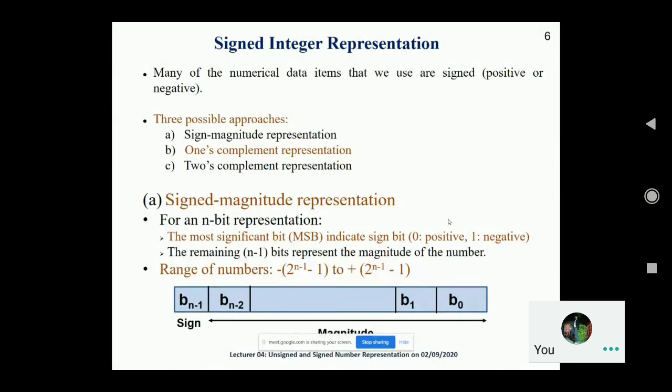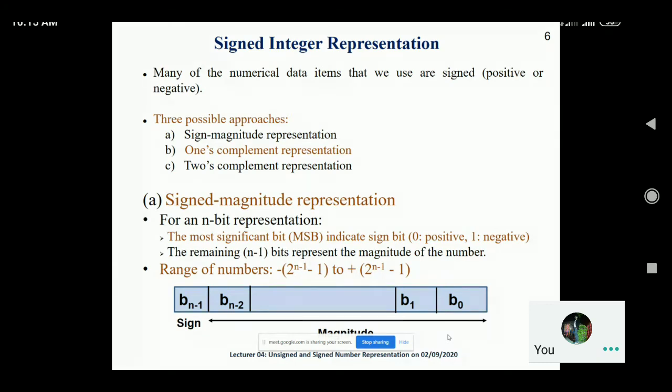Graphically we are representing it like this: see here, b n minus 1 represents the sign bit, and b0 to b n minus 2 represent the magnitude. Any doubt? Is the sign bit separate or together with the number? We are writing in the same sequence.